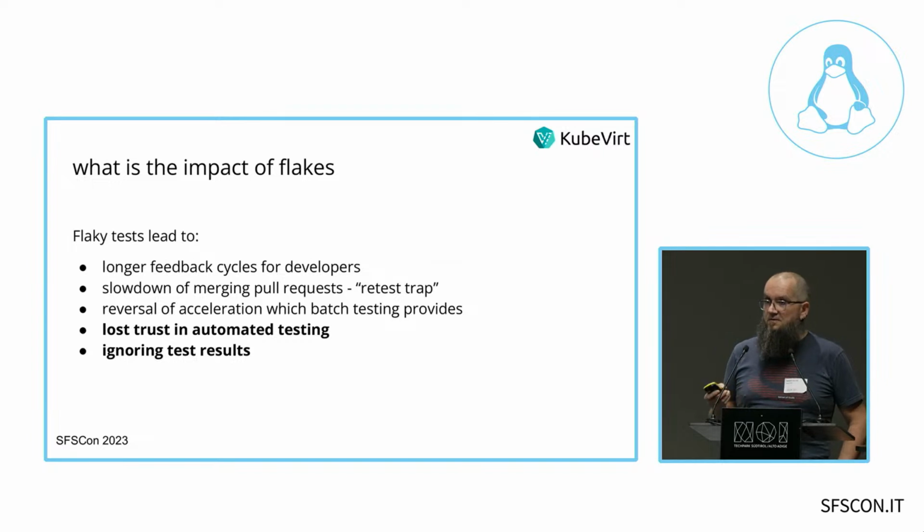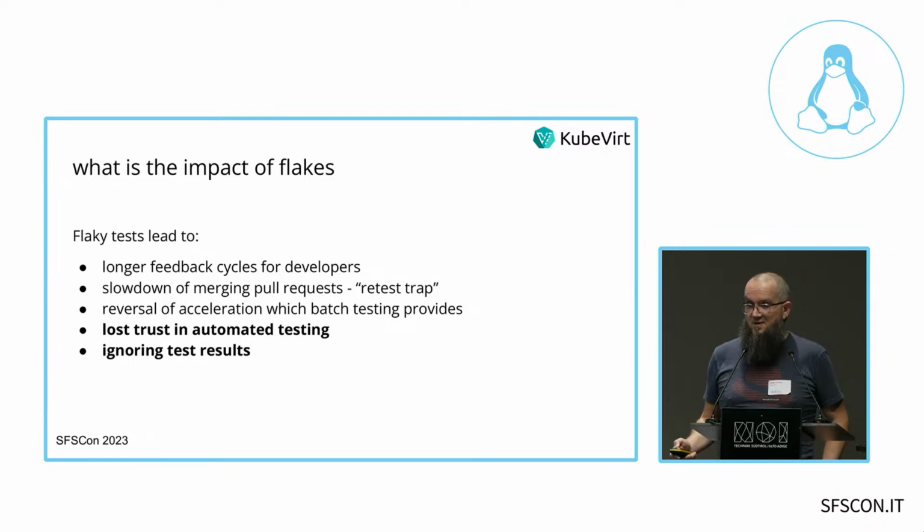Sometimes they probably don't even know how to fix it. If you have some advanced things like batch testing going on, one flake can ridicule all this acceleration effect that it has. Another bad thing about that is of course that the developers lose trust in automated testing, which is actually what shouldn't happen.